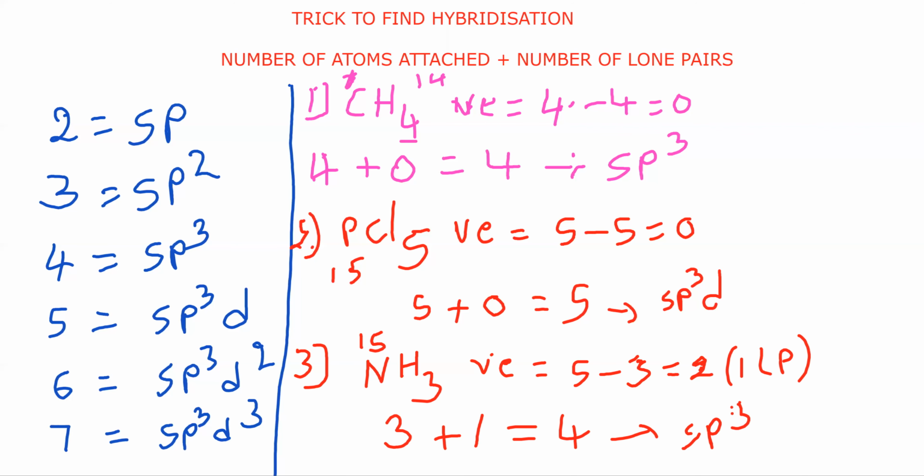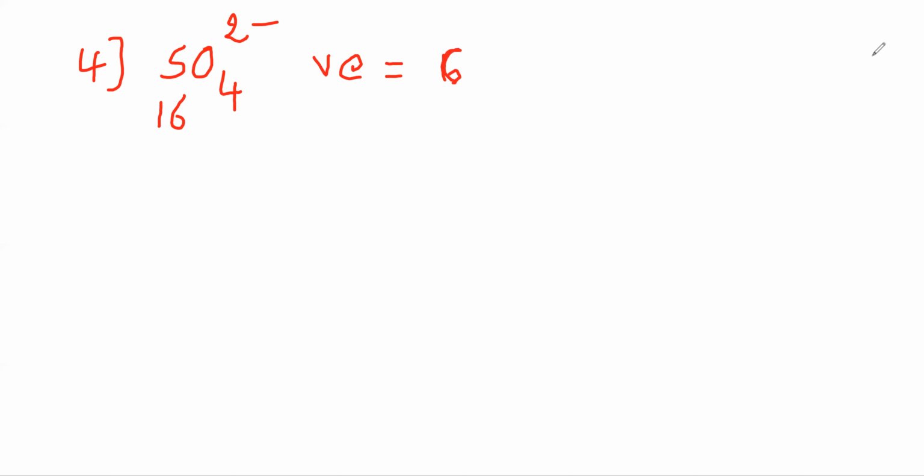Let's see a few more examples. I will take a negative ion also. Fourth example: what's the hybridization of sulfur in the sulfate ion? The central atom sulfur belongs to group number 16, so 6 valence electrons. 2 minus means you have to add 2.